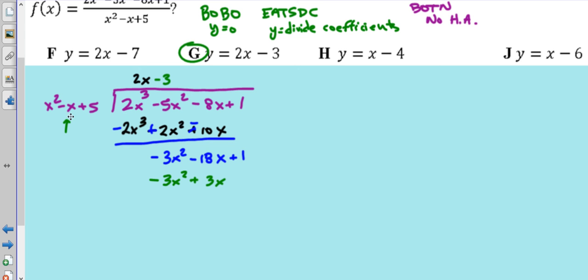And then you take negative 3 times 5, which gives me negative 15. Again, to simplify, the fundamental rule of division says we need to switch the signs. That becomes positive, this positive becomes a negative, and this negative becomes a positive. Those go away. That becomes negative 21x plus 16. That's my remainder here.